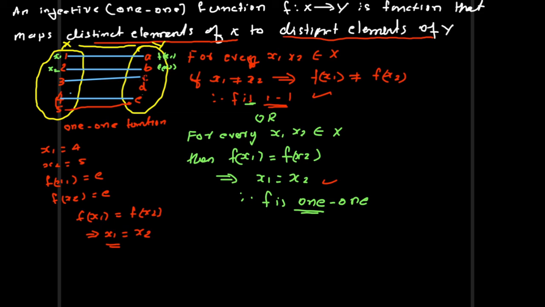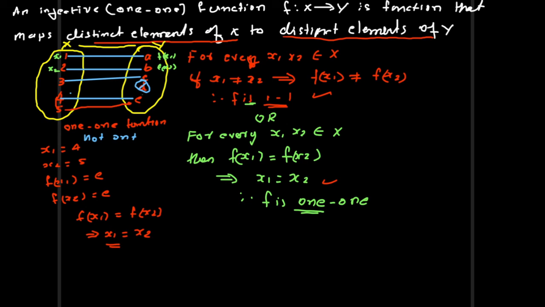We can consider the previous example. In this case, the set Y has this element d. Check the d: here d has no pre-image in X. Therefore this is not an onto function.